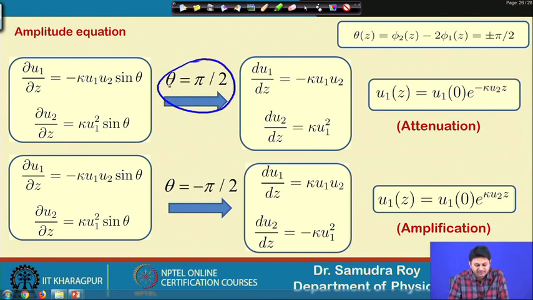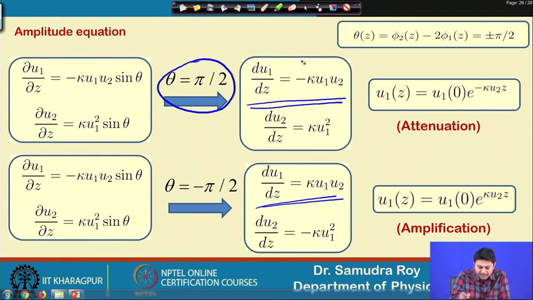When we have this term, then we can see that this equation and this equation become the same, only a negative sign is appearing here. Because of this negative sign, if I do the similar process that we have done for this case, we will find that the exponential term will appear here as usual, taking u 2 as a constant, but one negative sign will also be there.